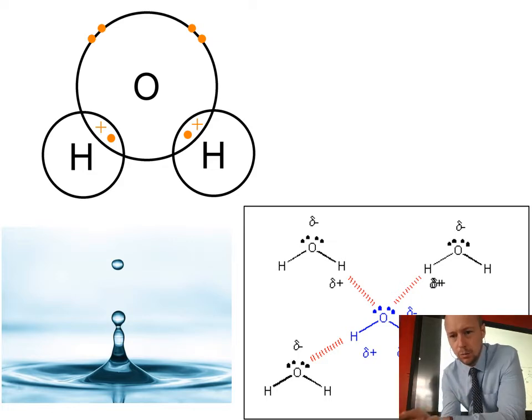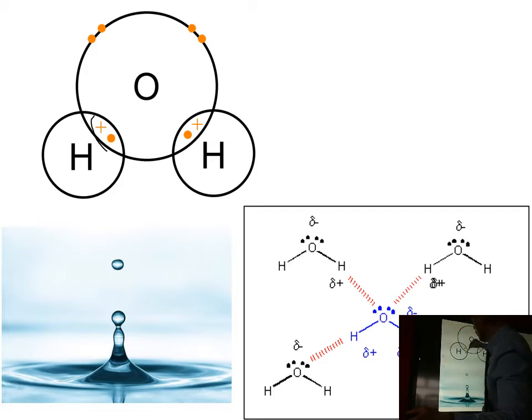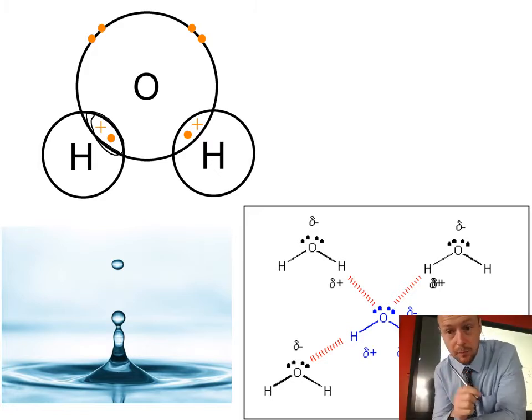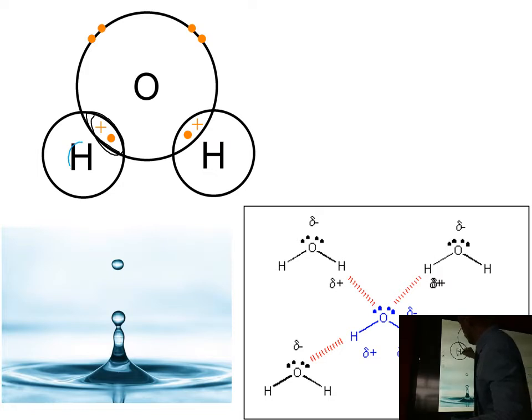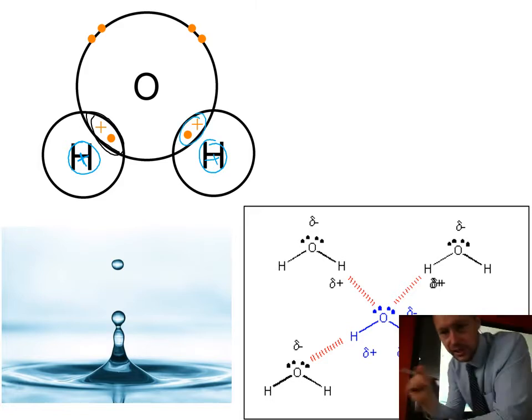It wants two to have a full first outer shell. And what it does is it does a covalent bond with the oxygen. So the hydrogen nucleus is here with a proton in, and here with a proton in, and its electrons are kind of caught up on one side of it.